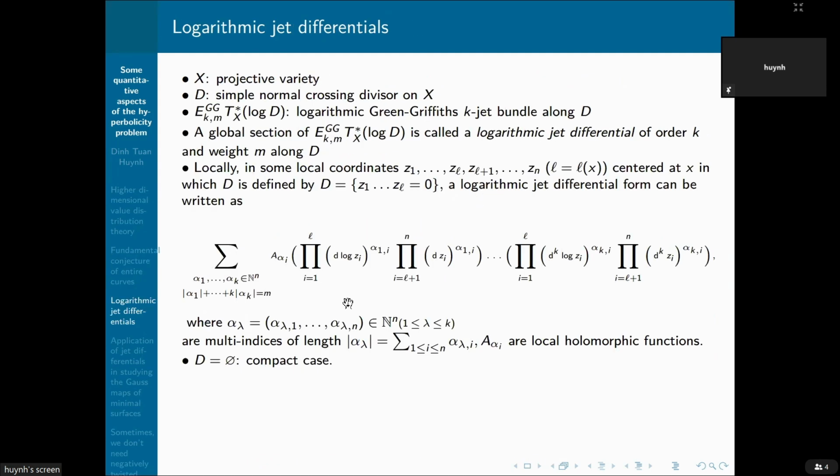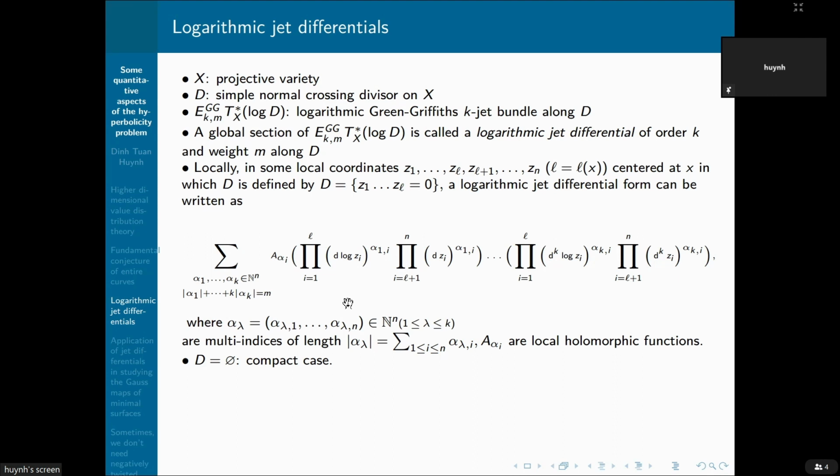So let me now recall some facts about jet differentials and how to use them to deal with this question. In a projective variety X, if you have a simple normal crossing divisor D on X, let's consider the logarithmic Green-Griffiths jet bundle along D. I think Cochran we talk about this one very often, so let me be very quick on this part.